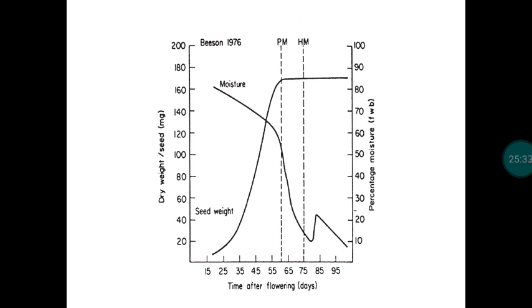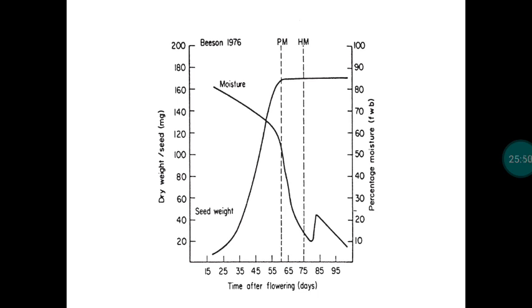If you do so, the quality of the seed will be good. There won't be any question of pest and disease occurrence or freely germinated seeds. So these are all the advantages of harvesting the crop at physiological maturity.